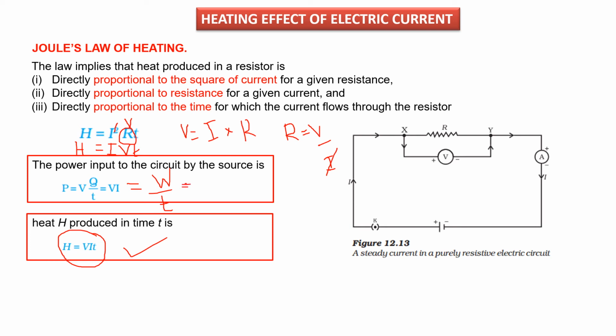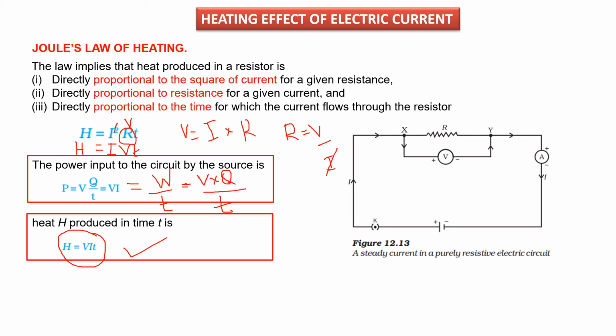Work is voltage into charge, divided by T. Always remember voltage or electrical potential into charge is called work done. That means voltage is a pressure and Q is the number of charges. That means how much charge is pushed by the voltage, that is work done. And divided by time.